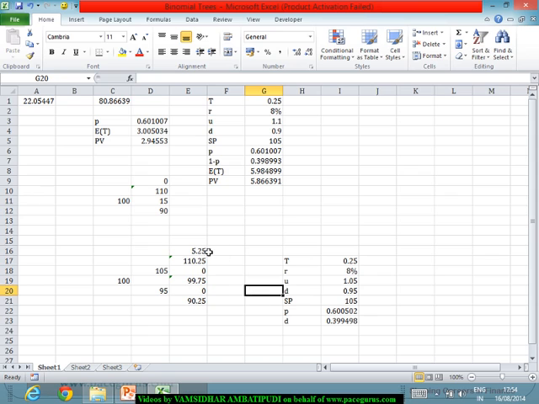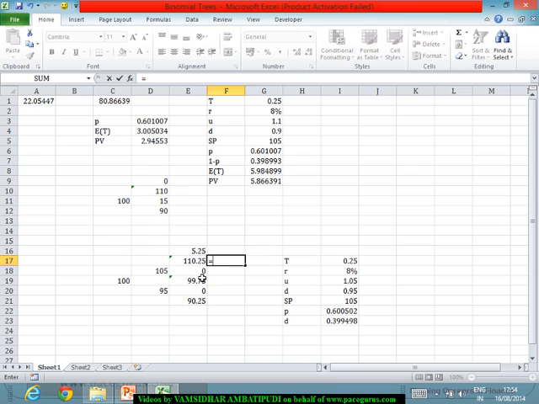Now using the risk neutral valuation methodology, I am finding out the expected value of the payoff at this particular node. There is a 60.05% chance that the option would be exercised, giving a 5.25 payoff, and a 39.94% chance that it will not be.